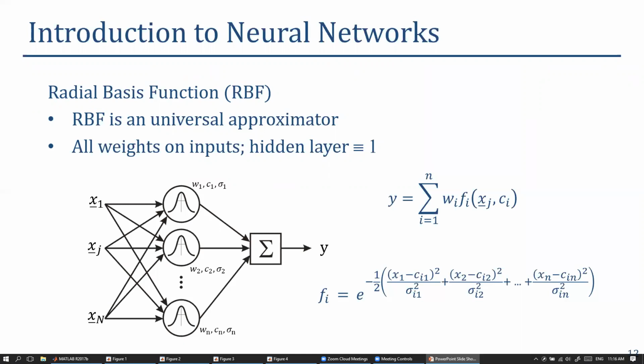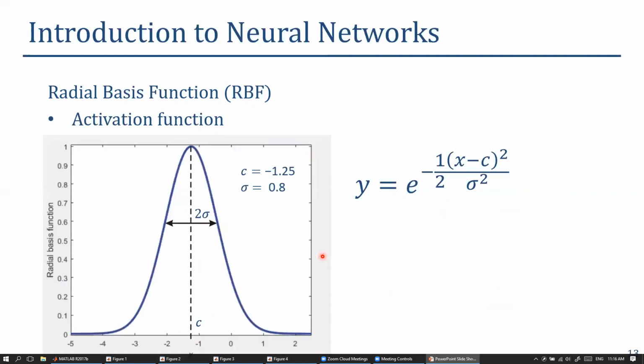It only has one layer, right? So the input layer and then a summation block. We have the input layer here, and the sum of the neurons is our output. The activation function of the radial basis function neural network is some sort of Gaussian type of function, right? So a Gaussian bell.